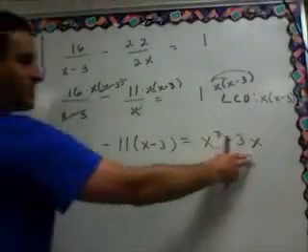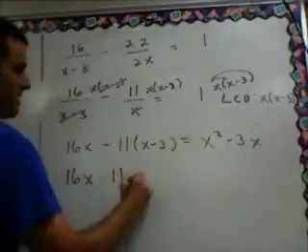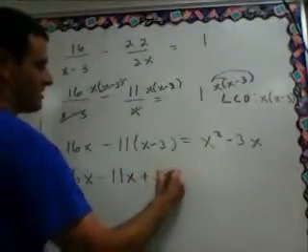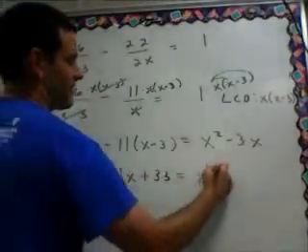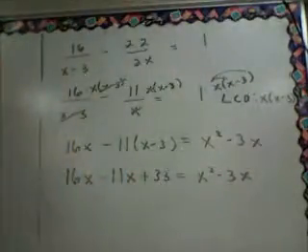And this does cause it to be quadratic. Let's clean this part up. So 16x minus 11x plus 33 equals x squared minus 3x.